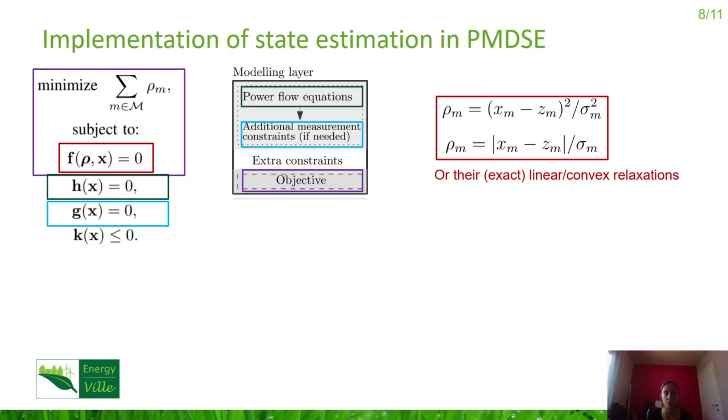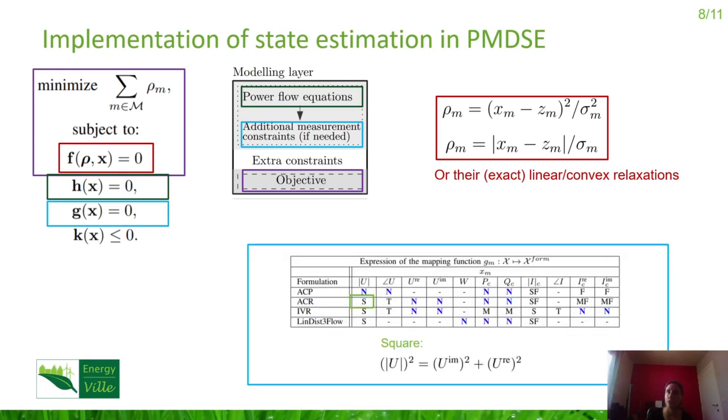So to give a concrete example, if we are using the ACR power flow formulation, which has as a native variable space active and reactive power and voltage in rectangular coordinates, and we want to include voltage magnitude measurements, then we have implemented this mapping constraint that allows to use also voltage magnitude together with this formulation.